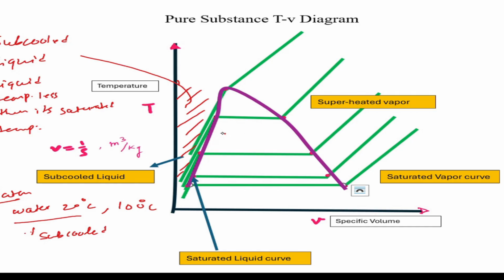Similarly, inside this dome, liquid plus vapor will exist. At this point, liquid starts converting into vapor. In this region some liquid is also there, but for example here, more is liquid and less is vapor, and with further heat, when we reach this point, only vapor is there.